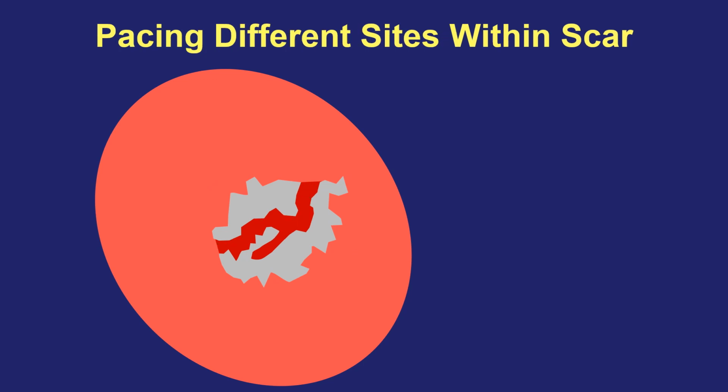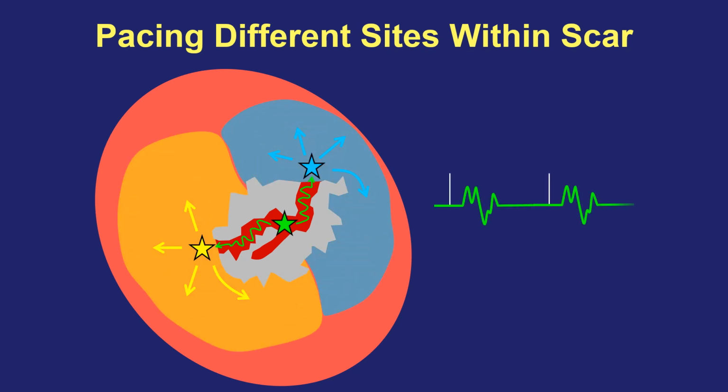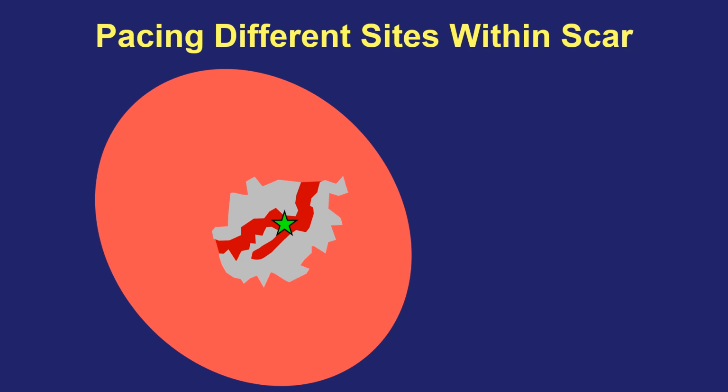Now, what if you move around within the scar? How will that impact the QRS morphology if you're pacing during sinus rhythm? So again, we talked about this central location, and I'm now going to show regions of blue and yellow to signify the type of QRS fusion that you get pacing from different sites. What if you moved from that central site out into this blind end, which during VT might be this adjacent bystander type of site, but we're not in VT at the moment?